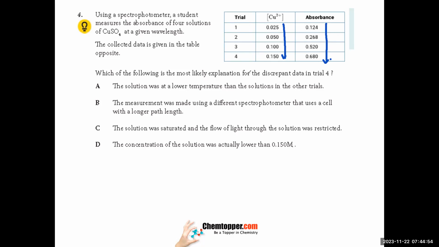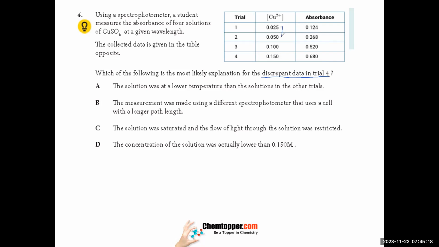But they are saying, if you look at experiment 4, the absorbance is 0.680. Okay, let's see what is the problem with the data. That's what they're asking. What's the problem with the data?